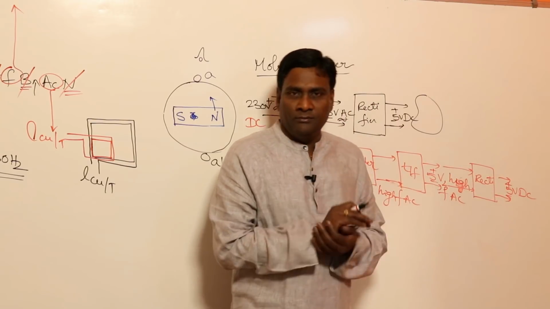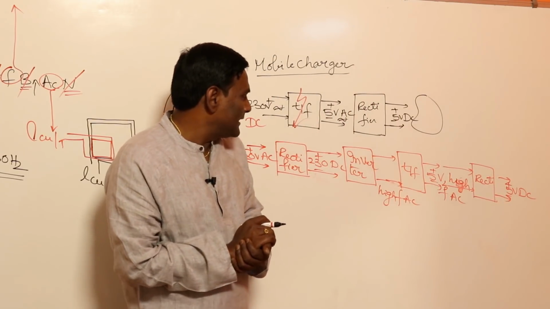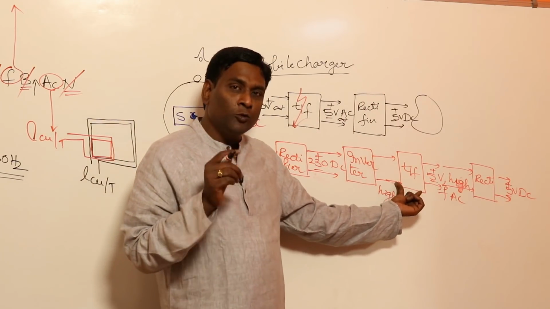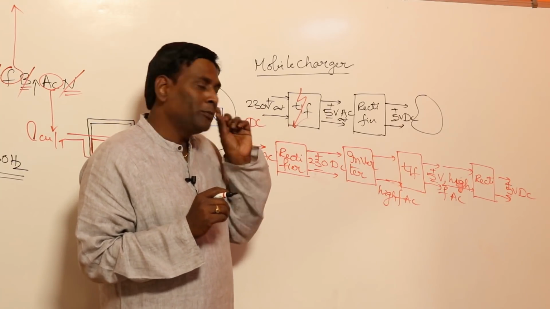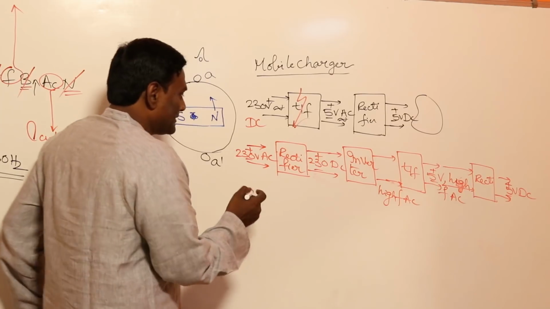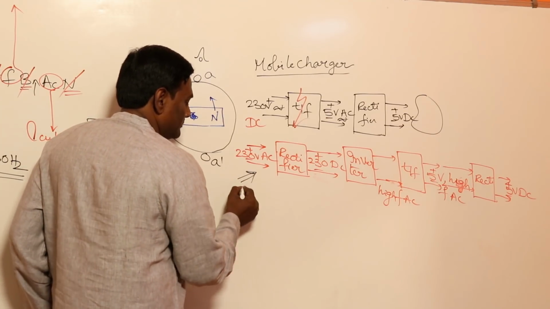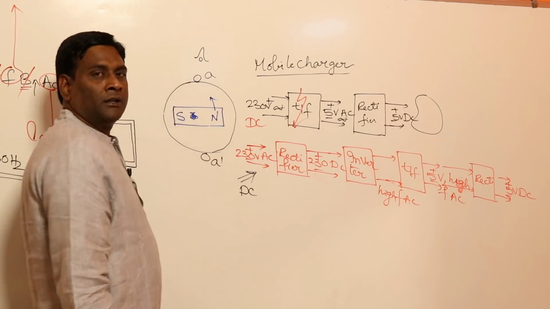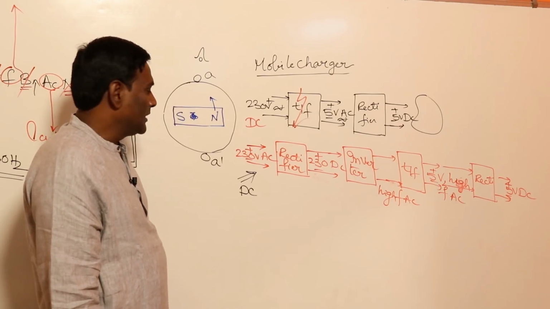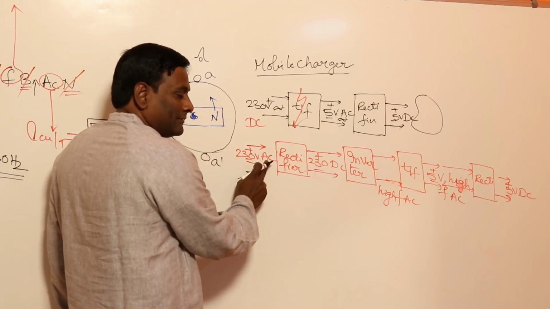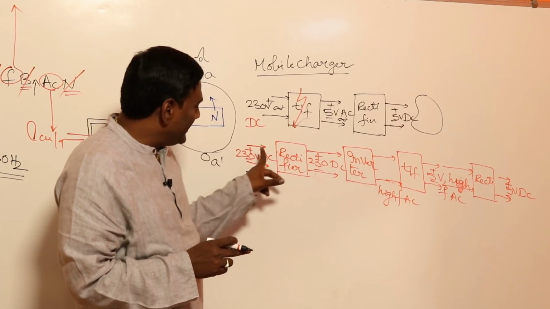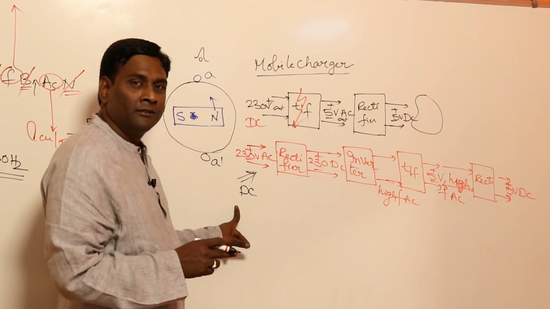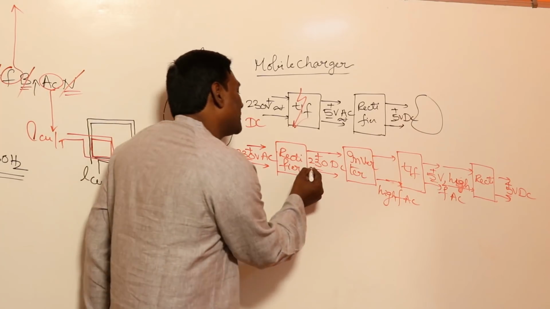So this is the case, such that the cost of the machine is going to be reduced, because the power handling capacity is going to be much less. For example, in the traction of trains, if you give AC, after the rectifier DC will come.